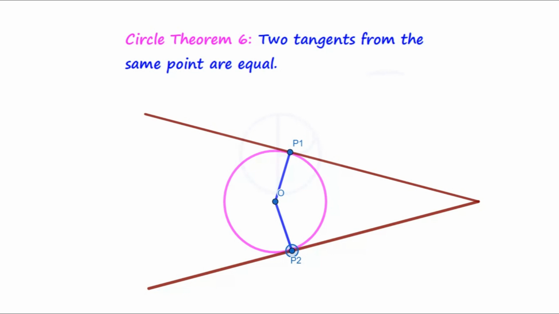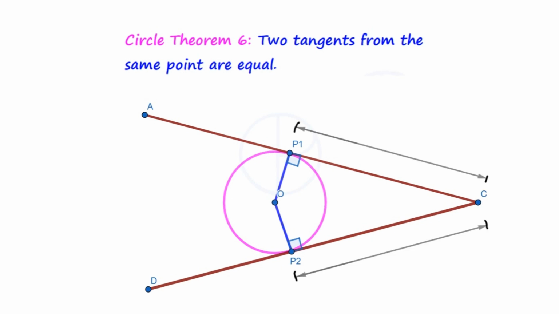We know the tangent and radius make an angle of 90 degrees. So let's mark it. The two tangents meet at the point C. Now the distance between C and P1 is the same as the distance between C and P2.